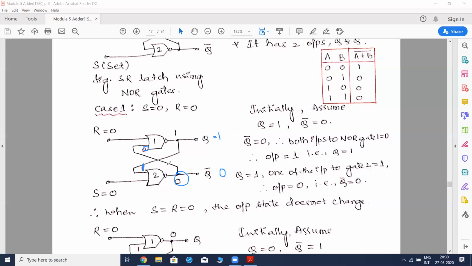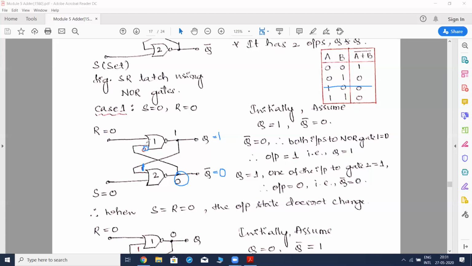That means here to NOR gate 2, we have the input as 1, the other input is 0. From the truth table, for the combination 1, 0, what's the output? Output is 0. That means Q bar we got as 0.